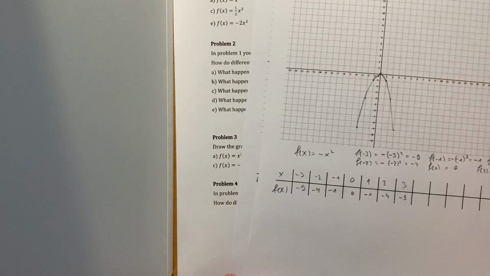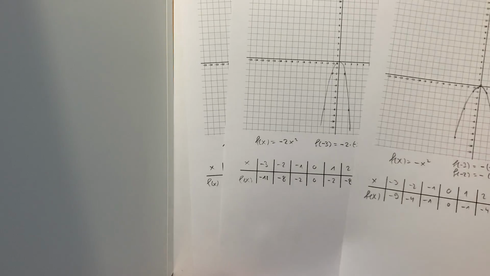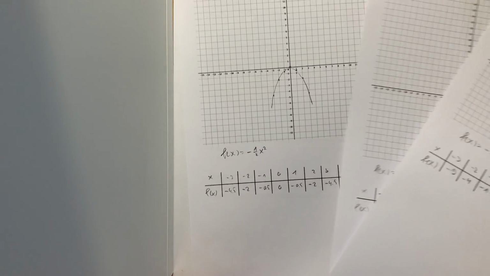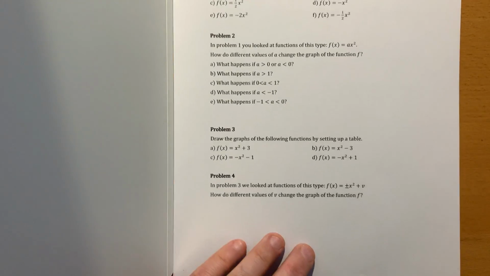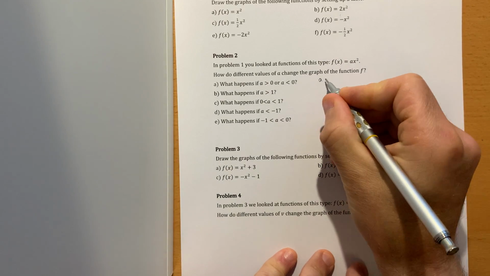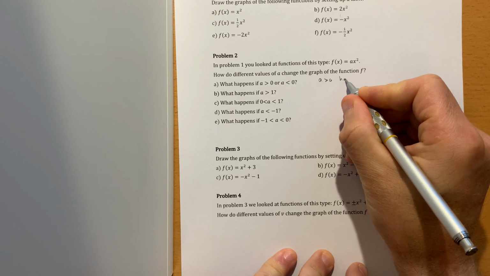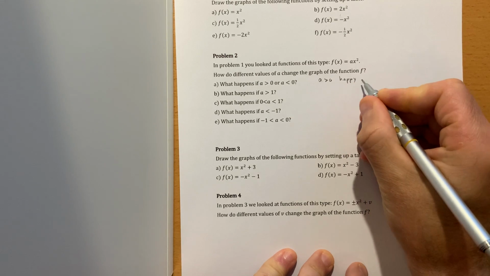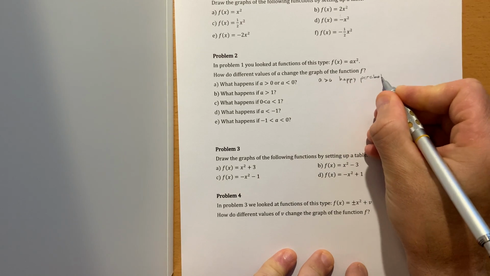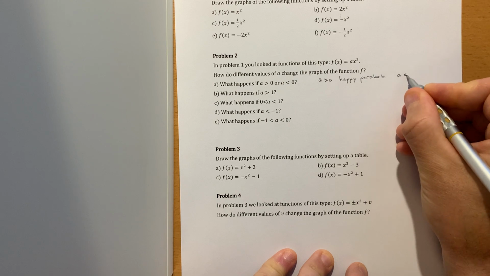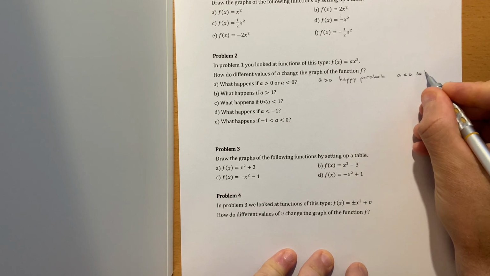Whereas with negative numbers in front of it, always sad parabolas. Okay, so a greater than 0, happy parabola, and a less than 0, sad parabola.